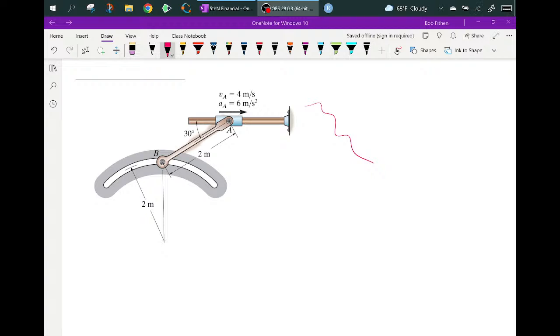Go this way. All right, let's try this one.